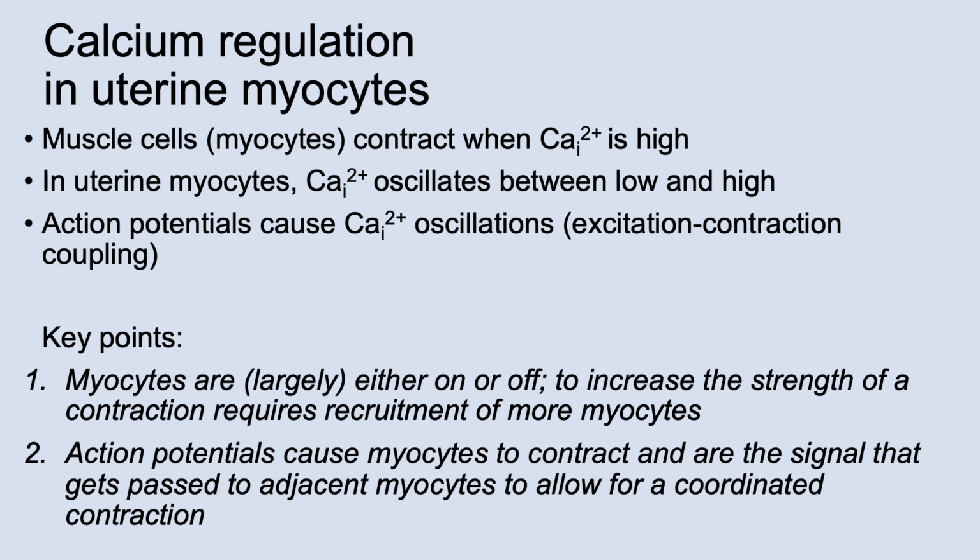Now the exception to that is calcium sensitization by oxytocin through the Rho kinase system, but that's a little bit beyond what I wanted to talk about today. The other key point is that action potential causes myocytes to contract and also provide the signal that are passed on from one myocyte to another myocyte that actually provides the coordination at the tissue level.